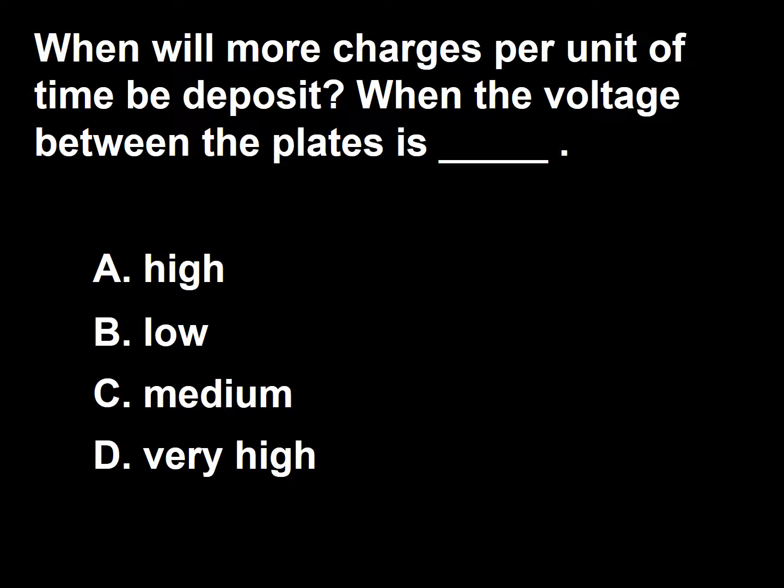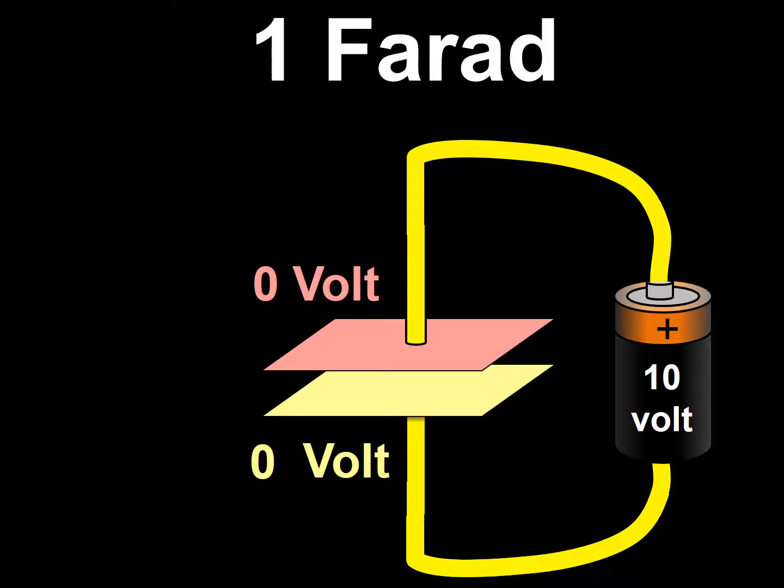Next question. When will more charges per unit of time be deposited? When the voltage between the plates is A, high, B, low, C, medium, D, very high. If we could measure the voltage of a capacitor in the instant the battery is connected to it, but before electrons start to flow, we would find the voltage in the capacitor to be zero.